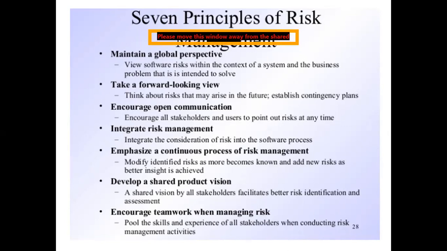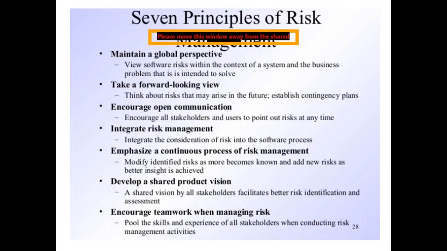First is maintain a global perspective. We view software risk within the context of the system and business problem that the software is intended to solve. Take a forward-looking view: think about risks that may arise in the future.